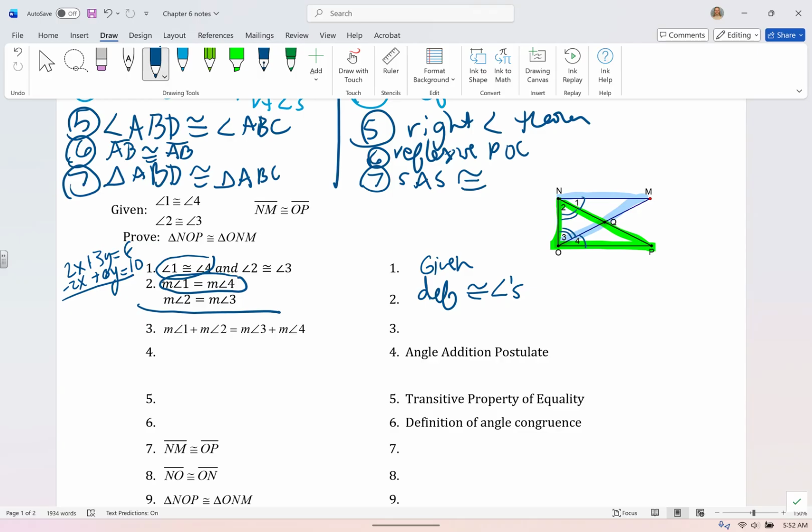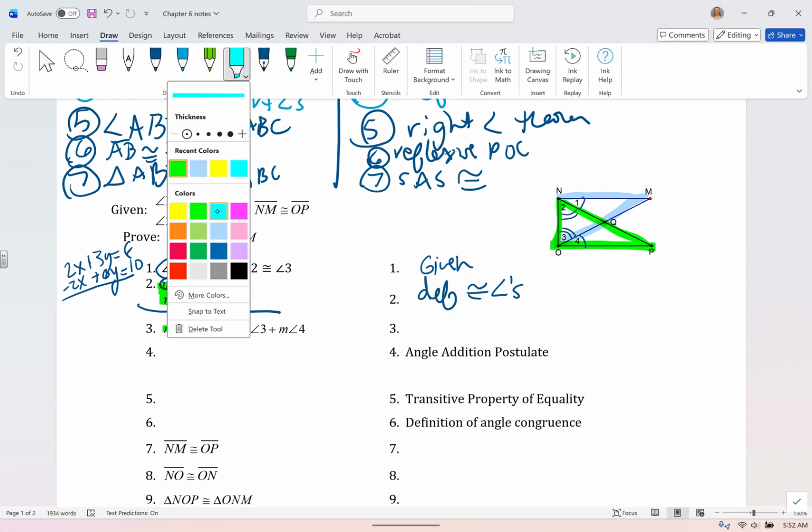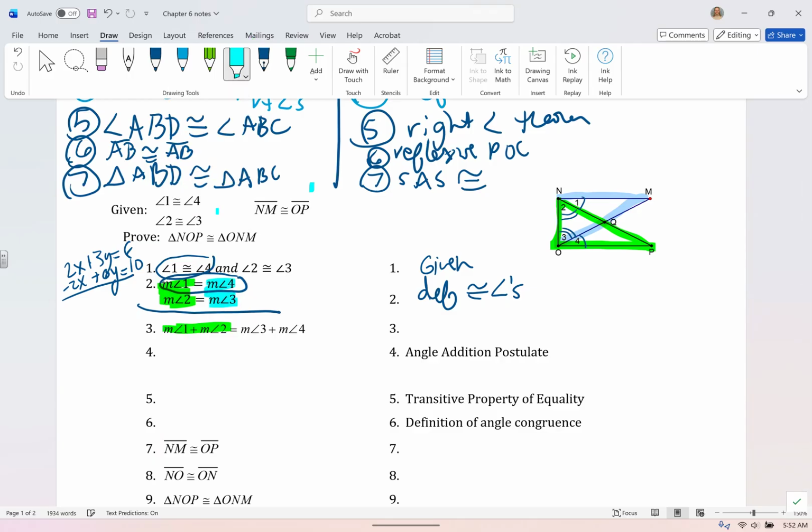Well, what we're going to add up is the left side of this equation and put the answer here. And then we're going to add up the right side of the equation and put it here. Because we're adding two equations together, this is the addition property of equality. So we're adding two equations together, just like you do in elimination.